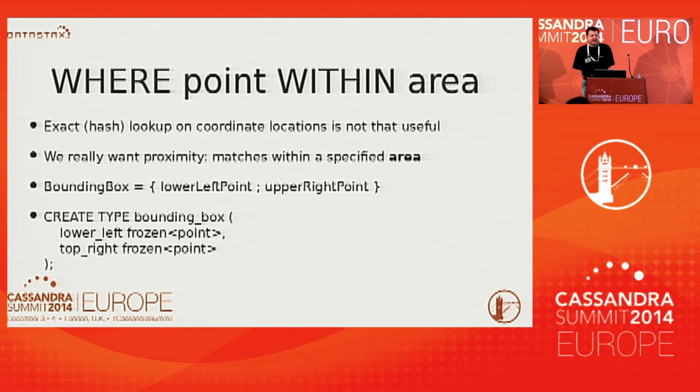But points only really allow us to do exact match lookup. So if events are all happening at exactly the same point or group of points, that's fine. But events are kind of messy and happen all over the place. So we need a new construct. We need an area or a bounding box. So I've chosen to express that as a pair of points, two diagonally opposed corners of the box. There's other ways to represent boxes, of course, but that one's the simplest.